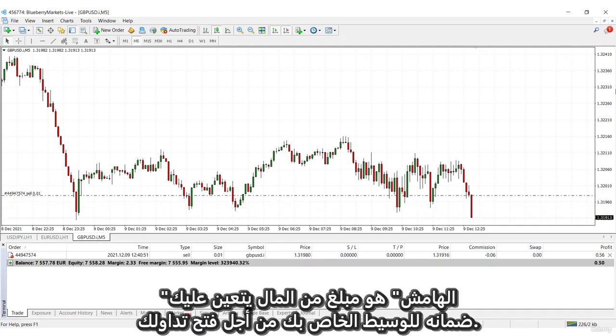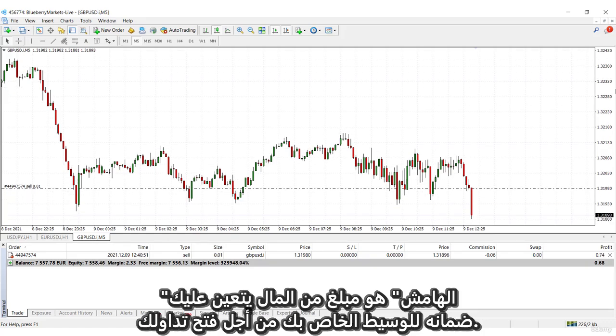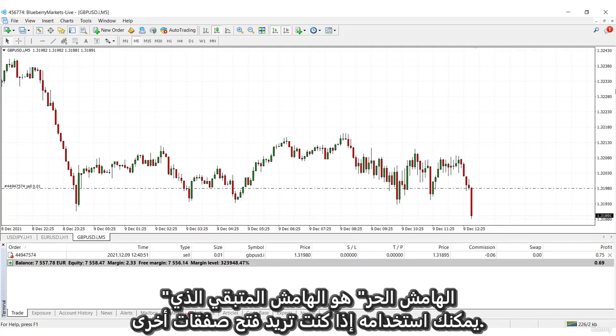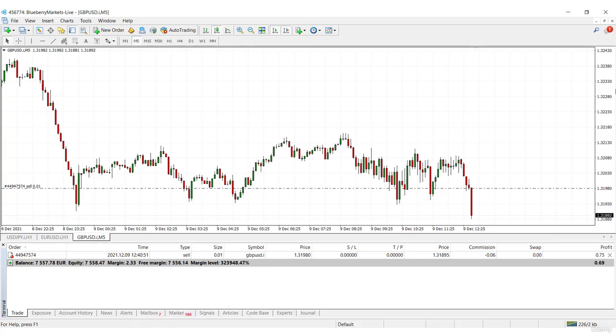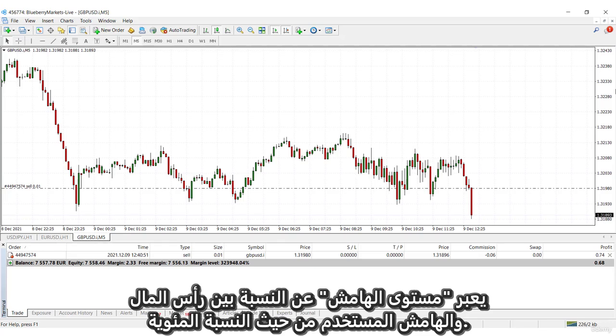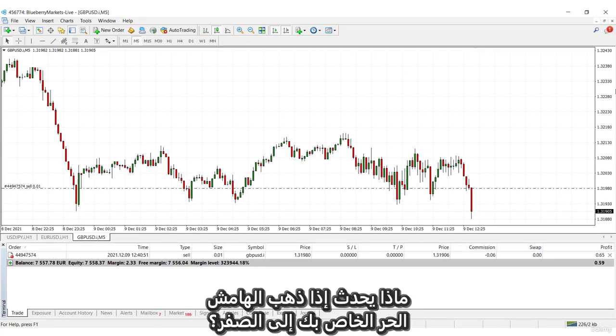The margin is a sum of money that you have to guarantee to your broker in order to open your trade. The free margin is the remaining margin that you can use if you want to open other trades. Margin level expresses the ratio between the equity and the margin used in terms of percentage.